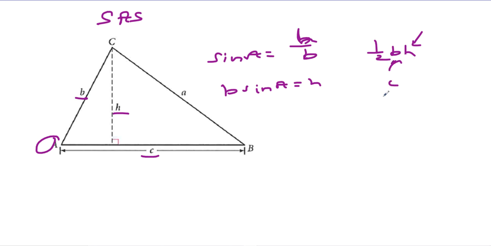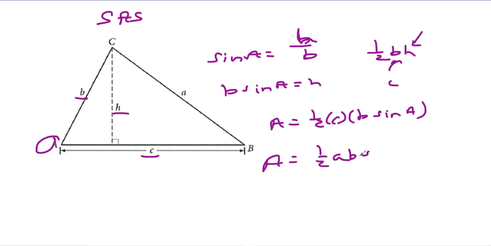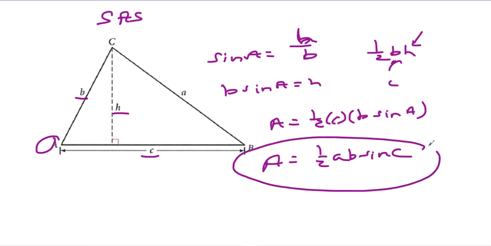Well, this base is nothing more than side c. So we have area is equal to 1/2 side c, this side, times my base, times my height, which is b sine of A. Now I typically write it like this: 1/2 ab sine of C. And this formula is my 2 adjacent sides and my included angle, side angle side.